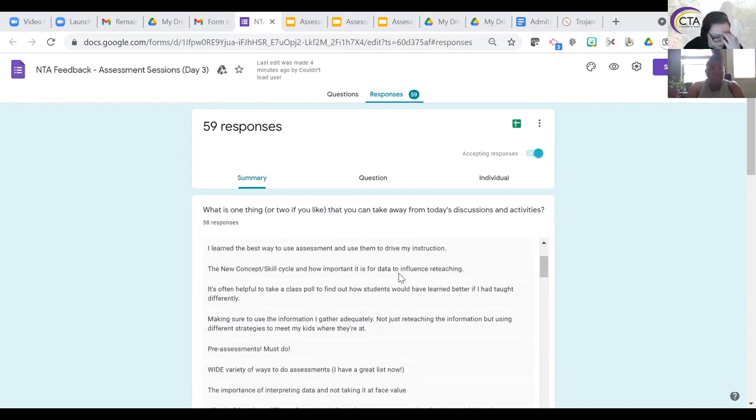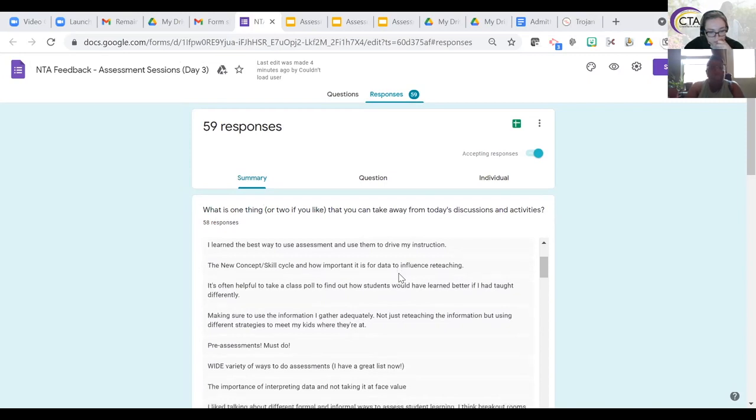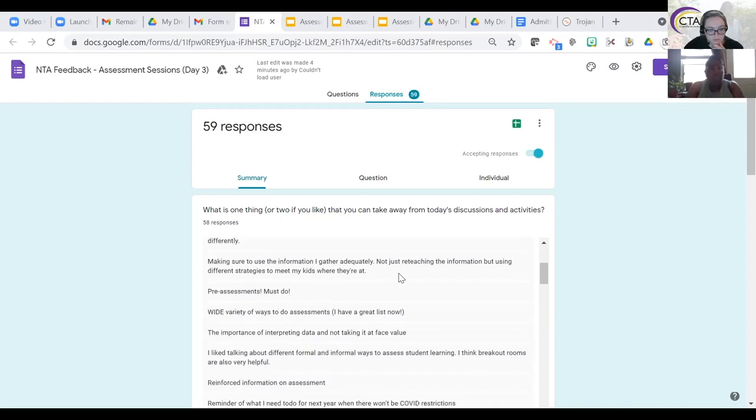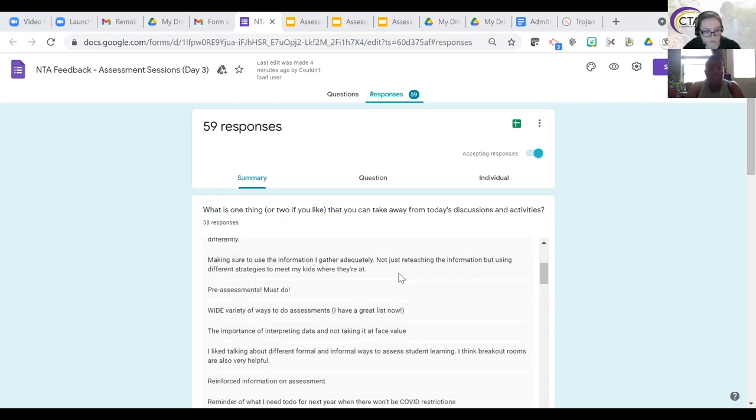The new concept/skill cycle, and how important it is for data to influence reteaching. It's often helpful to take a class poll to find out how students would have learned better if I had taught them differently. Make sure to use information I gather adequately, not just reteaching information, but using different strategies to meet my kids where they are.